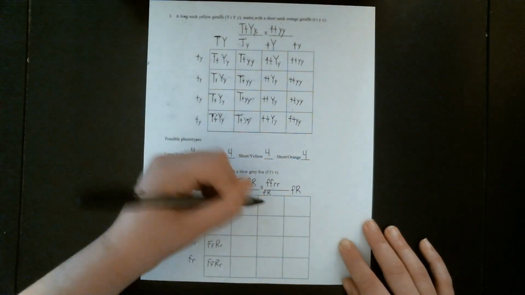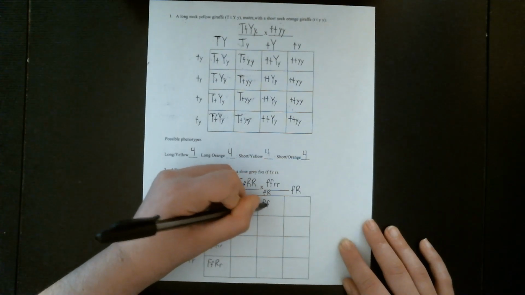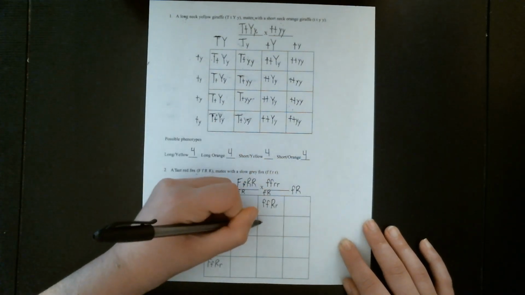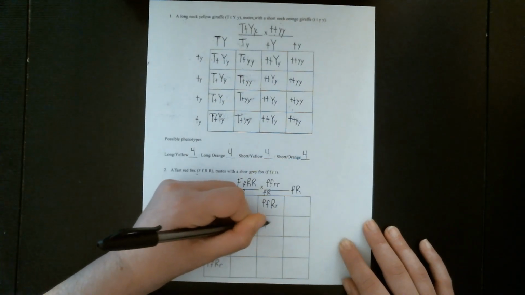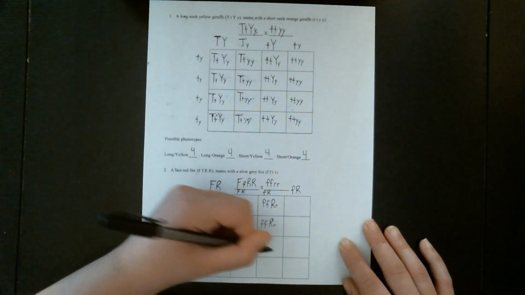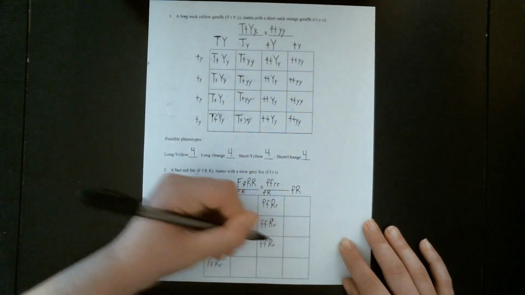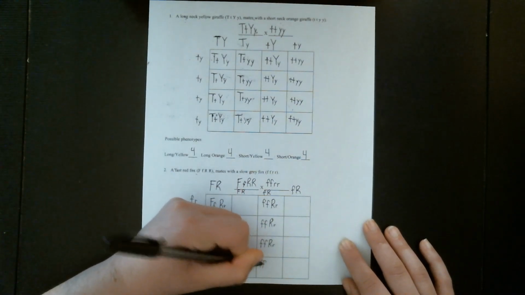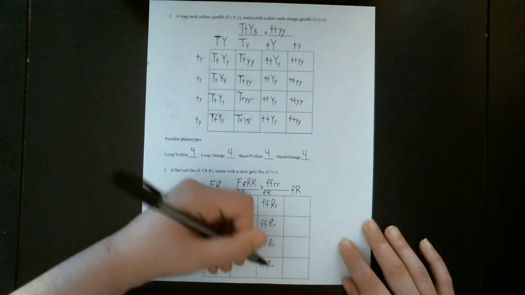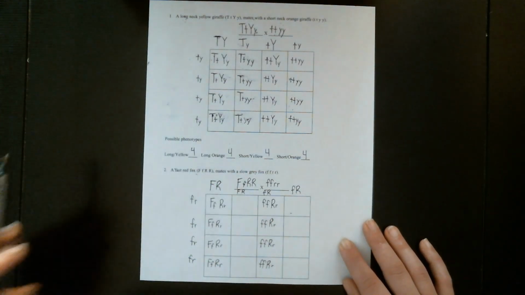And then here we've got little f, little f, big R, little r, little f, big R, little r, little f, big R, big R, little f, big R, big R. Okay, and these are going to be the same as that.